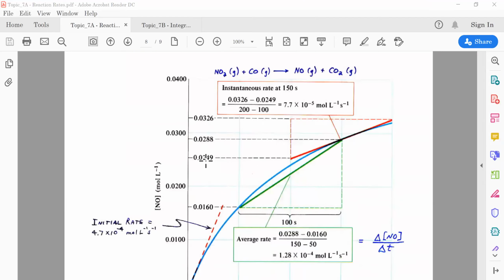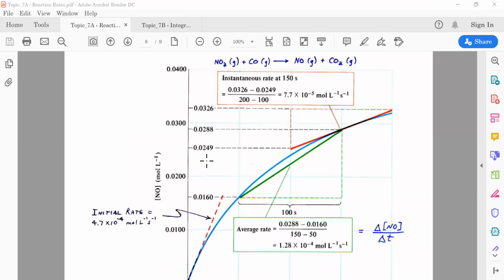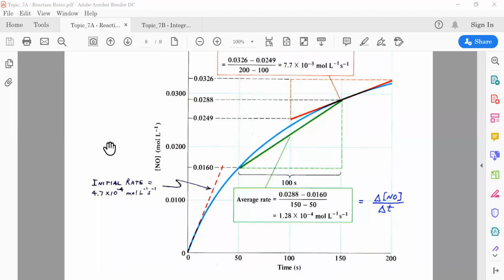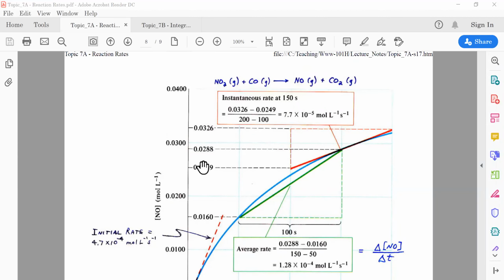Here's another figure that shows the difference in these various kinds of reaction rates that I talked about. This is the reaction of NO2 plus CO going to NO plus CO2, all in the gas phase. And so the stoichiometry is particularly simple. It's 1 mole of NO2 and 1 mole of CO go to 1 mole of NO and 1 mole of CO2.